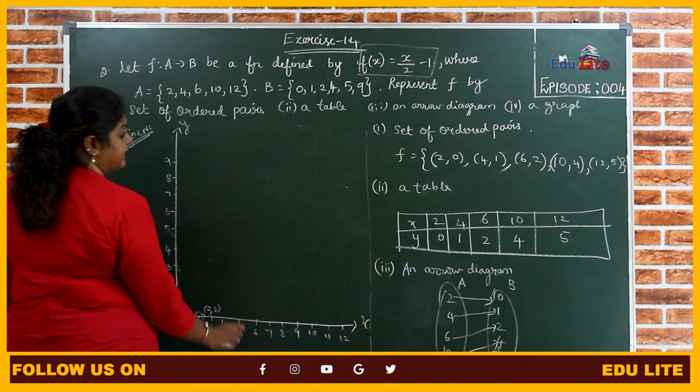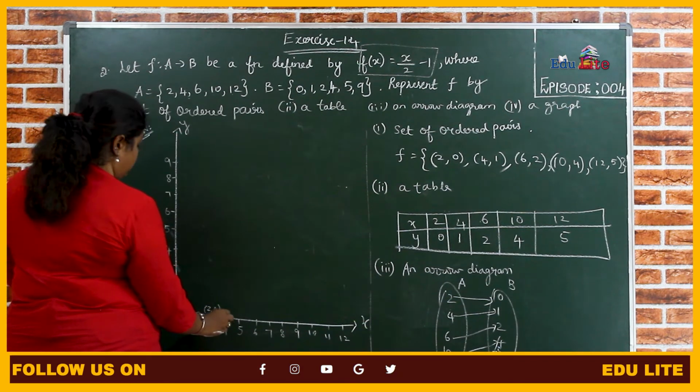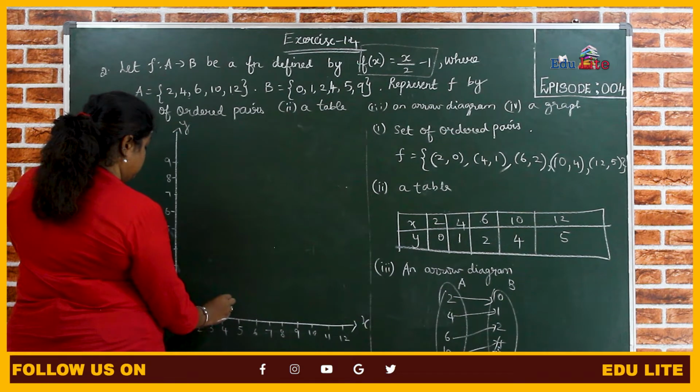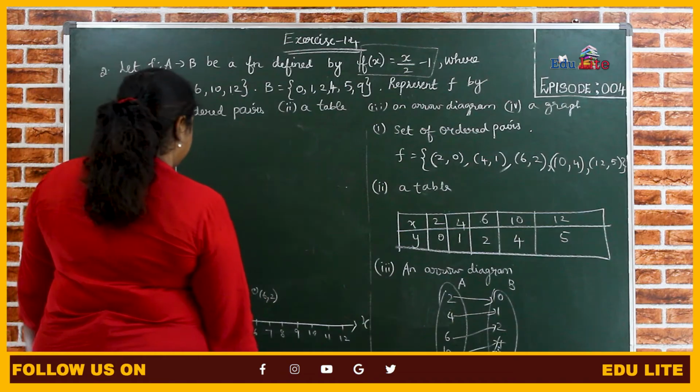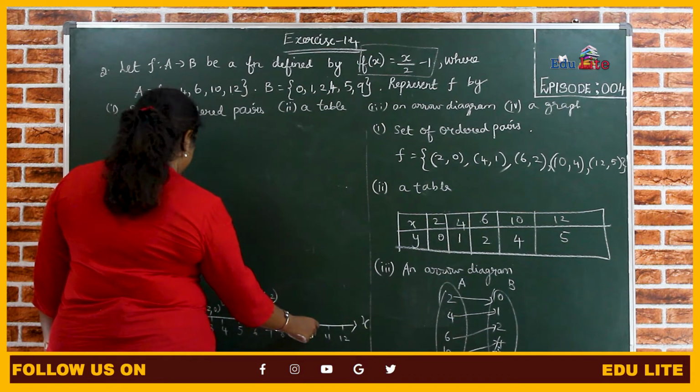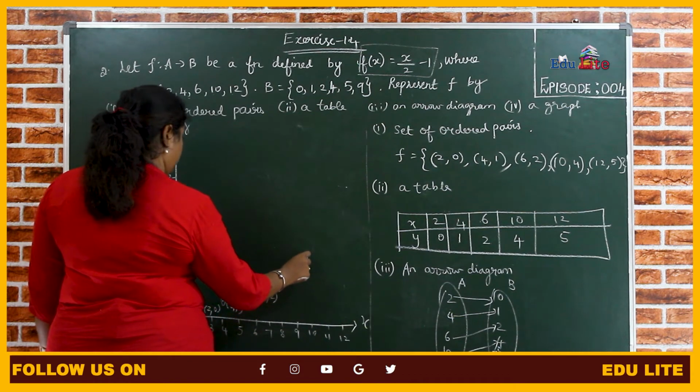Next point is 4 comma 1, 4 in x and 1 in y. Next is 6 comma 2, 6 at x and 2 at y. Next is 10 comma 4, 10 at x, 4 at y.